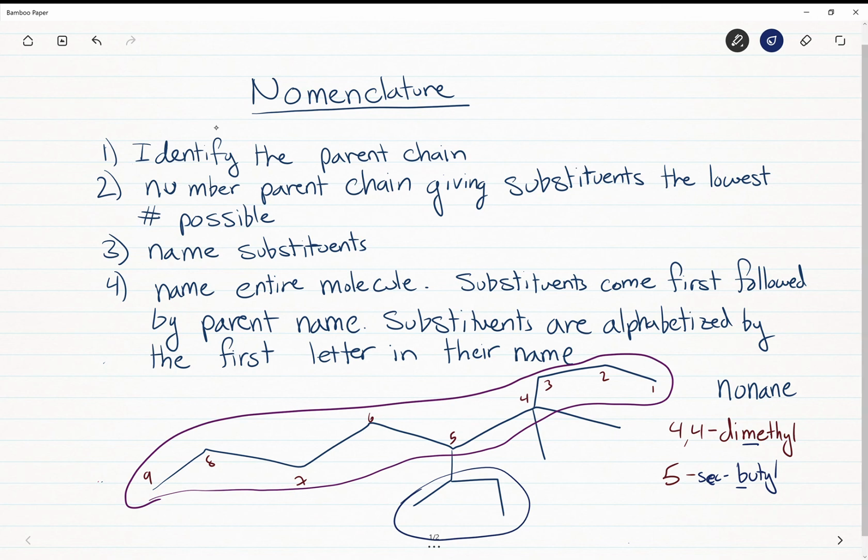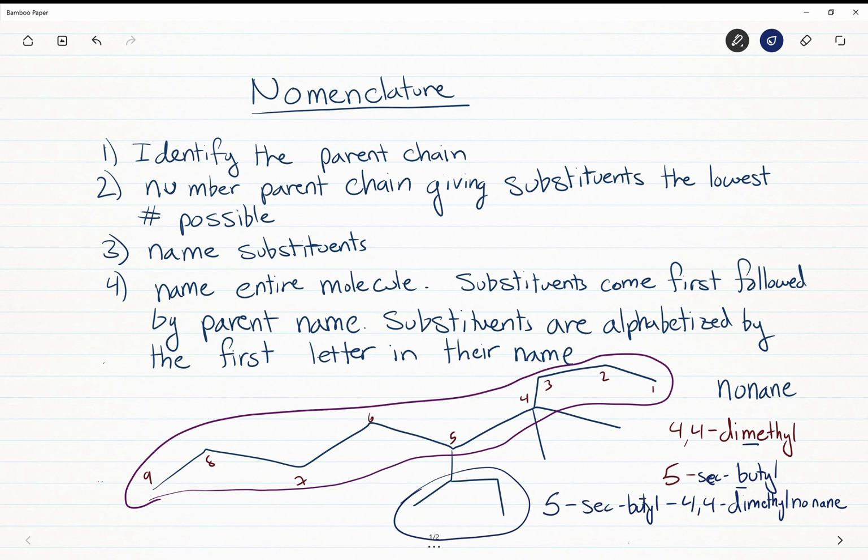And so to name this, we're going to name it 5-sec-butyl first. And then the next substituent that comes is 4,4-dimethyl. And then always last is the parent name, and that will be nonane. So we've now named this molecule.